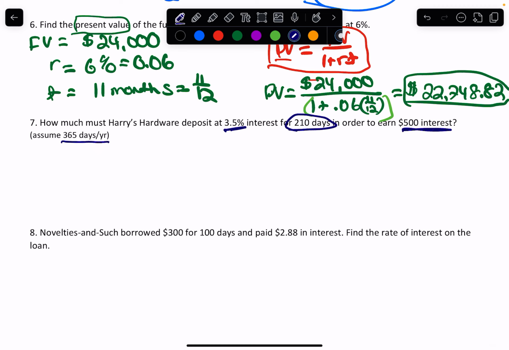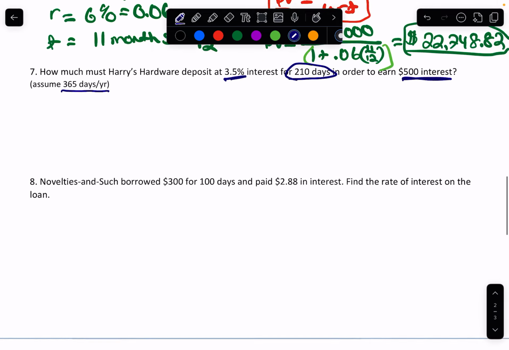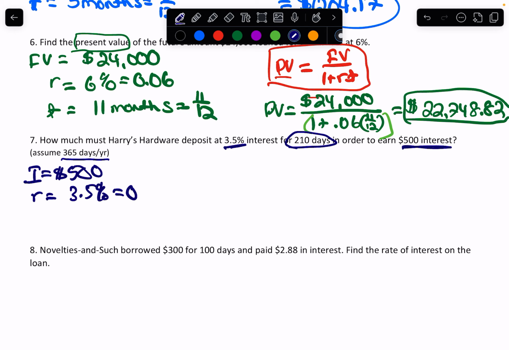So it tells us that we're using 365. We have our interest, $500. We have our rate, which is 3.5%, so that's 0.035. And we have our time, 210 days, and again we're using the 365 since it gives us that.